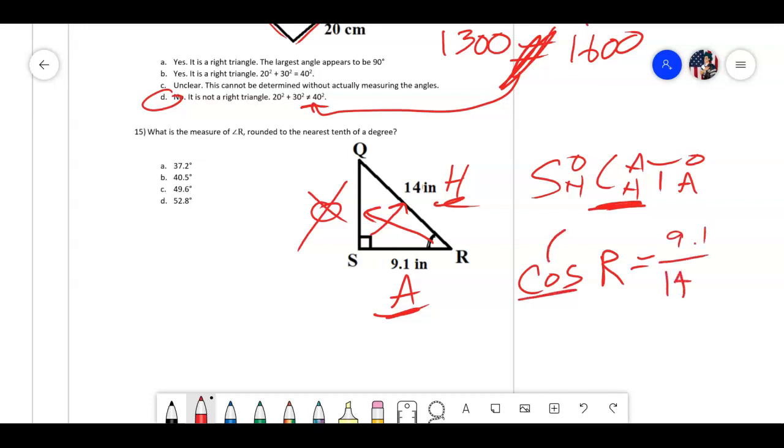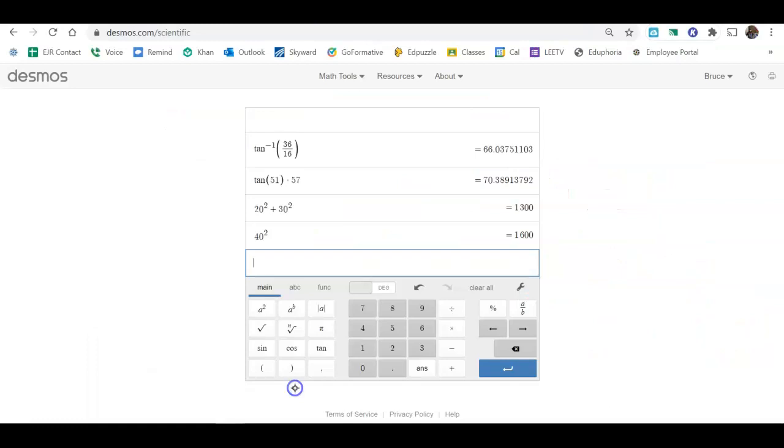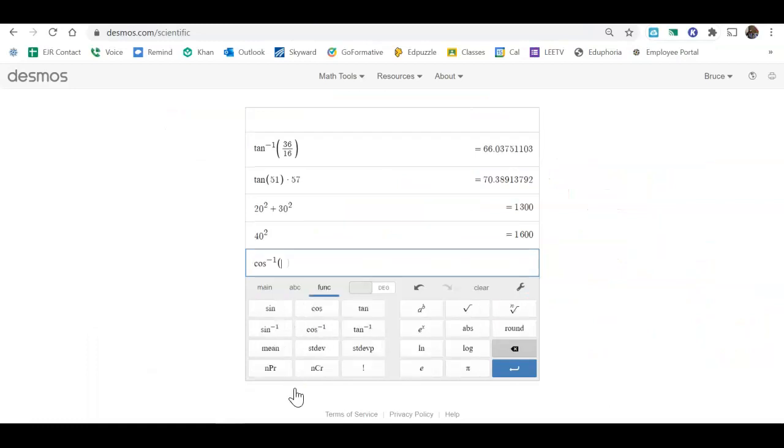And then we can move this trig to the other side if we make it a little inverse with a negative 1. So R equals cosine inverse 9.1 over 14. Okay, cosine inverse 9.1 over 14.